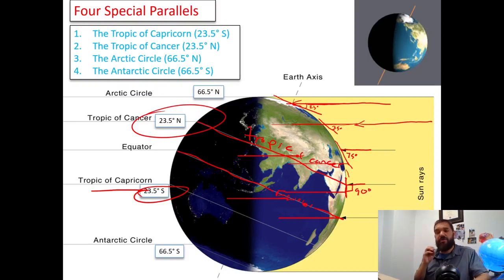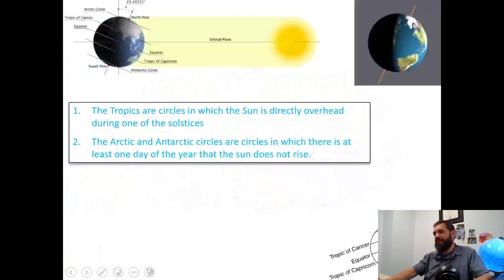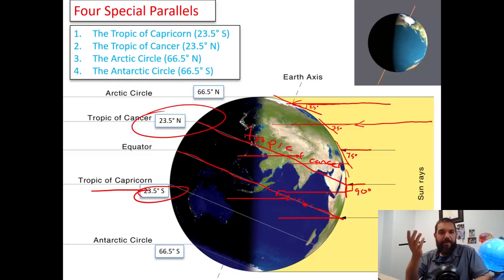The Tropic of Cancer is where the sun is directly overhead at summer solstice. Guess where it is at winter solstice? I guess I don't have it here, but it's over the Tropic of Capricorn. So it would be over this line right here. That's where the sun is going to be 90 degrees directly overhead during the winter solstice.